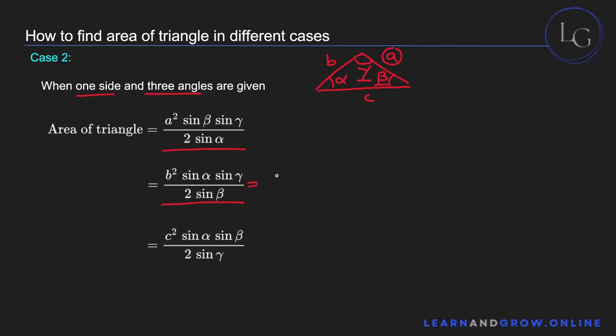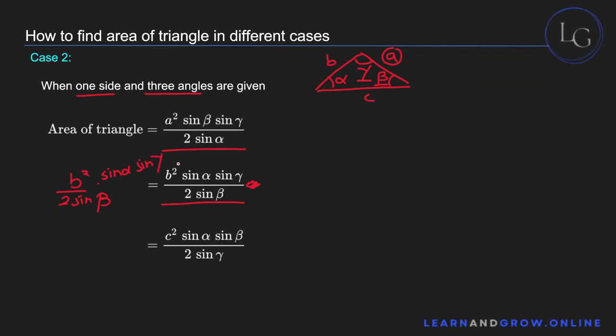This is also equal to B squared over 2 sine beta into sine alpha sine gamma.